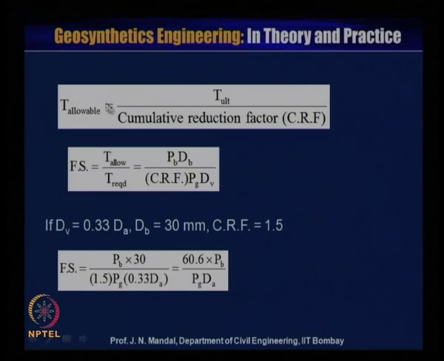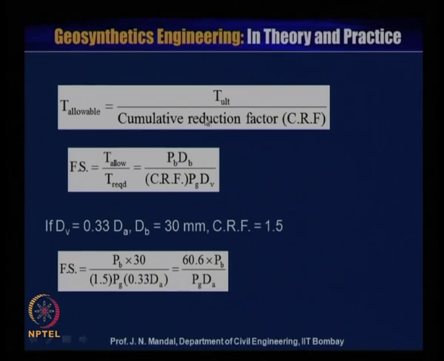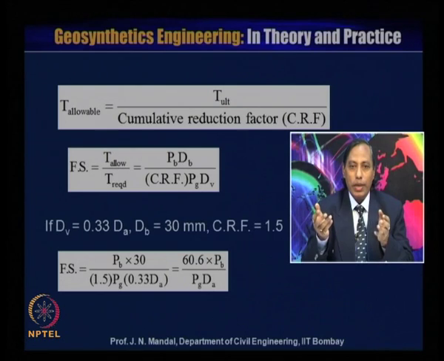So, we can calculate the allowable tensile strength of the geotextile, that is the ratio of ultimate tensile strength and the cumulative reduction factor. I will discuss more about the cumulative reduction factor.